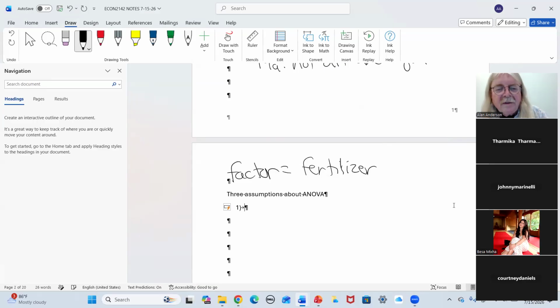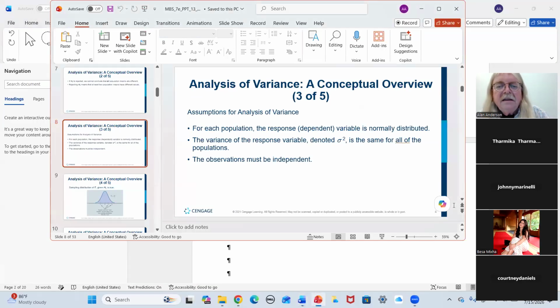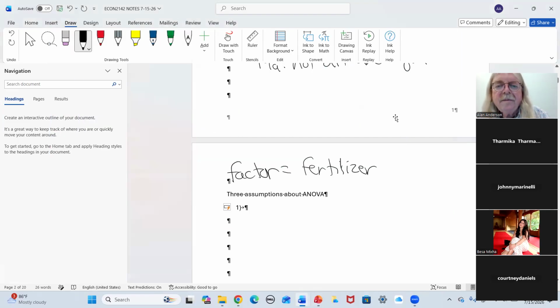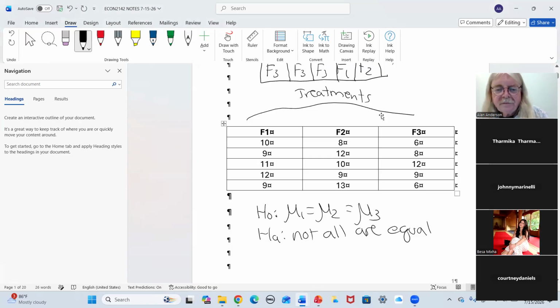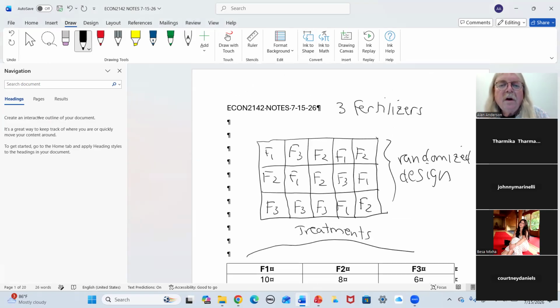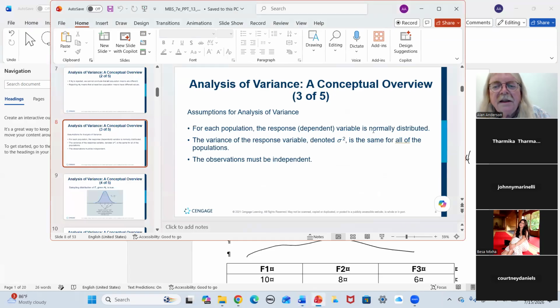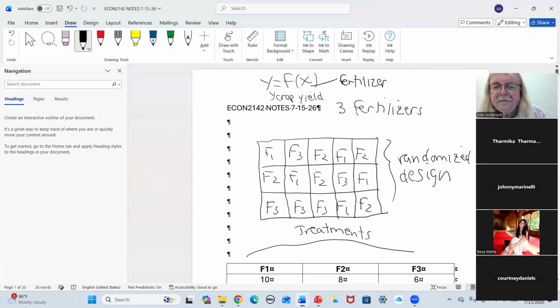And we'll just repeat this one more time. ANOVA assumption number one: the dependent variable, which in this case is the yield of the crops. In this setup, y is a function of x, meaning crop yield depends on fertilizer. So what we're assuming is that the yields are normal.